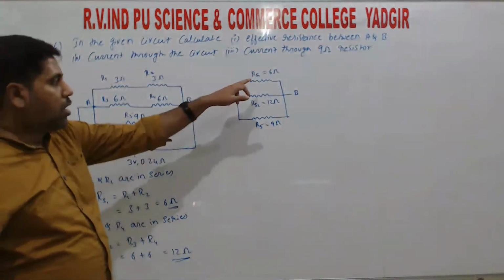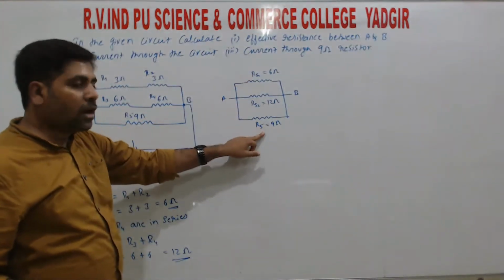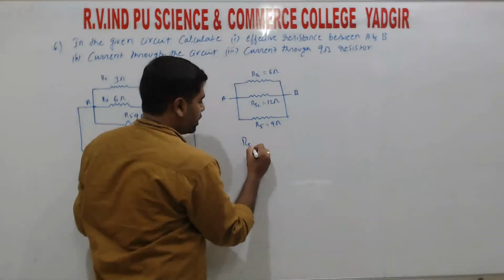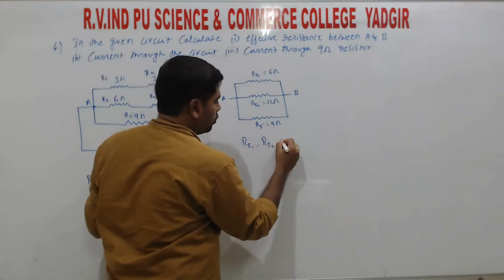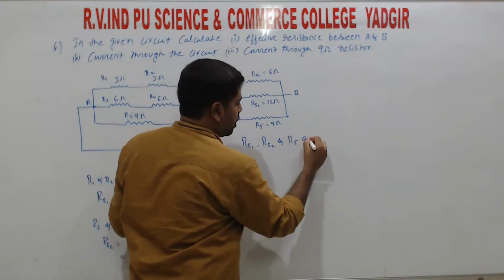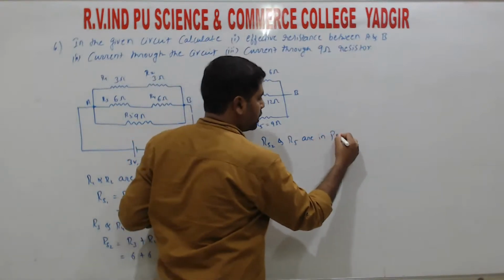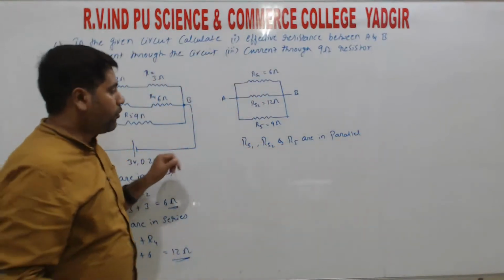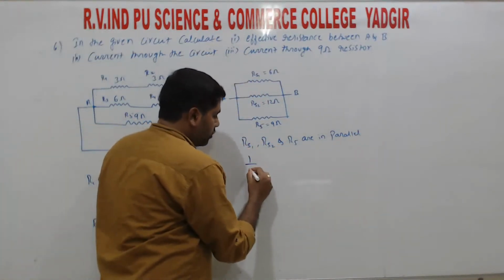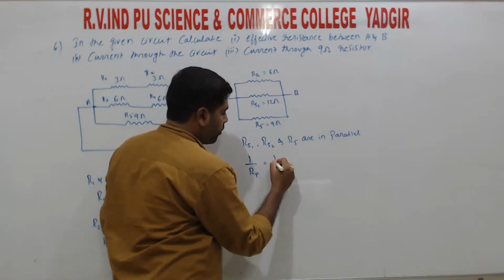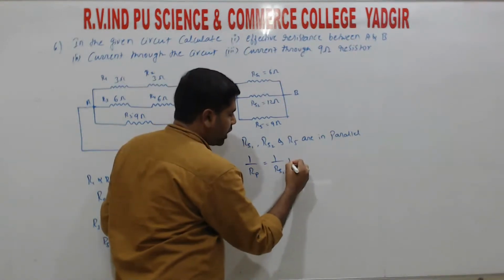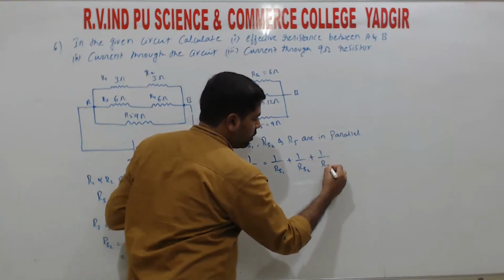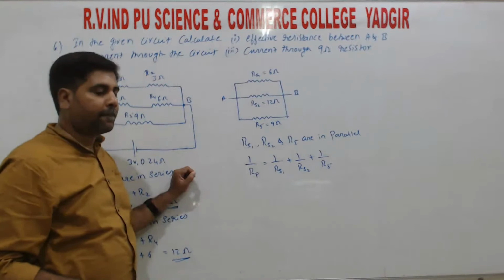So now RS1, RS2 and R5, all these three resistances are in parallel, right? So we need to find the equivalent resistance for the parallel combination. 1 divided by Rp is equal to 1 divided by Rs1 plus 1 divided by Rs2 plus 1 divided by R5, right?